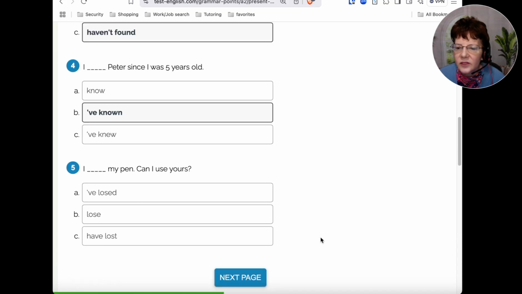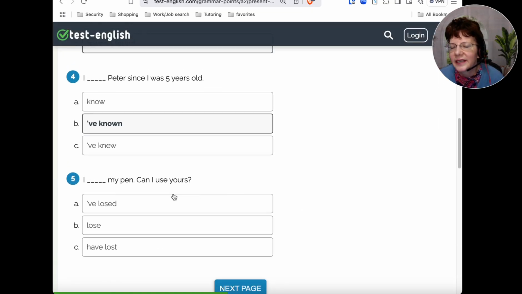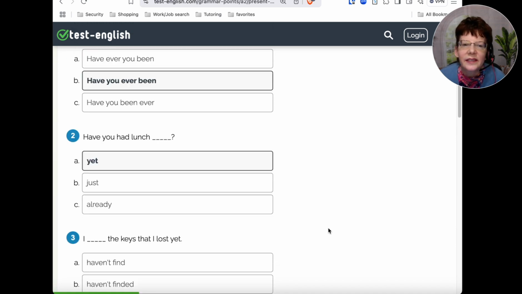Okay, let's try one more here. I what my pen. Can I use yours? Okay, I've lose, or have lost. All right, so if you chose option C, have lost, that would be correct.